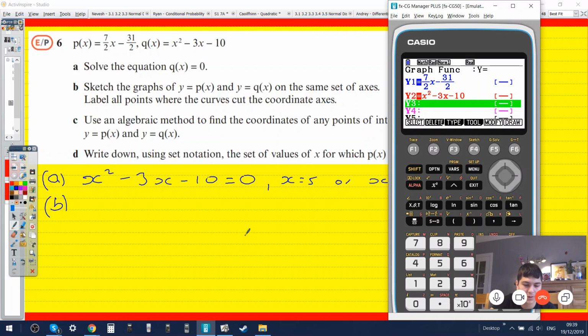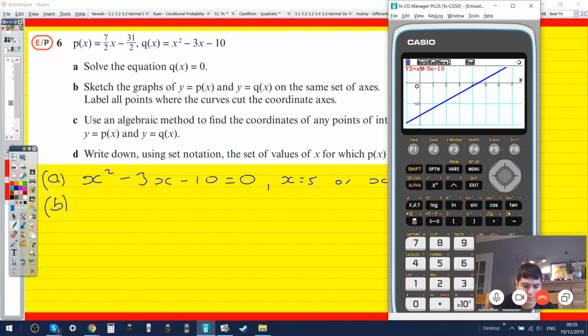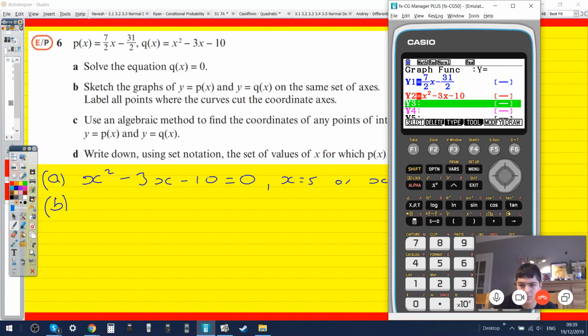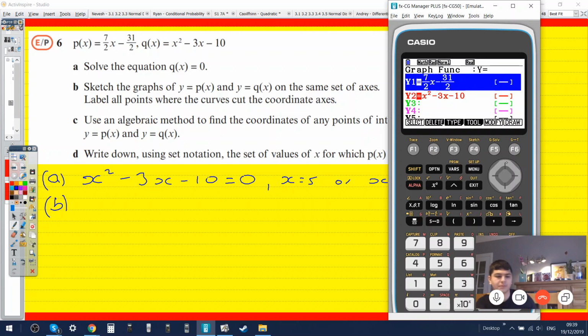So I've got like a big curve. Okay. Oh, syntax error. What did I do wrong?